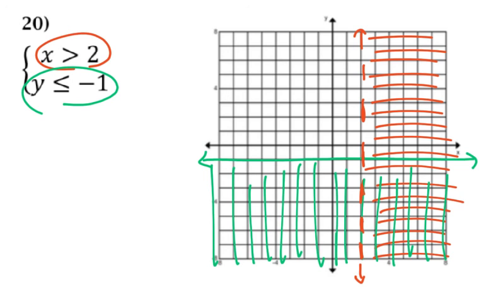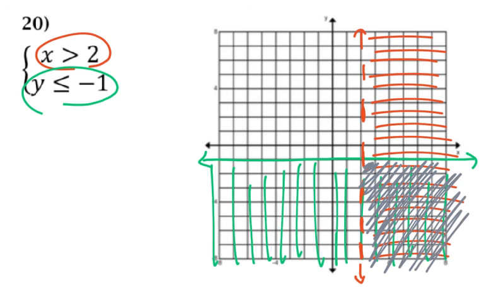Notice that I can tell very easily that my red line is dashed, my green line is solid. I can see where my shading is. I did the red going one direction, the green going the opposite direction, and the overlap is where I'm getting the lines going both ways. So keep in mind it's up to the line, but stay far enough away that I can see what type of line it is.